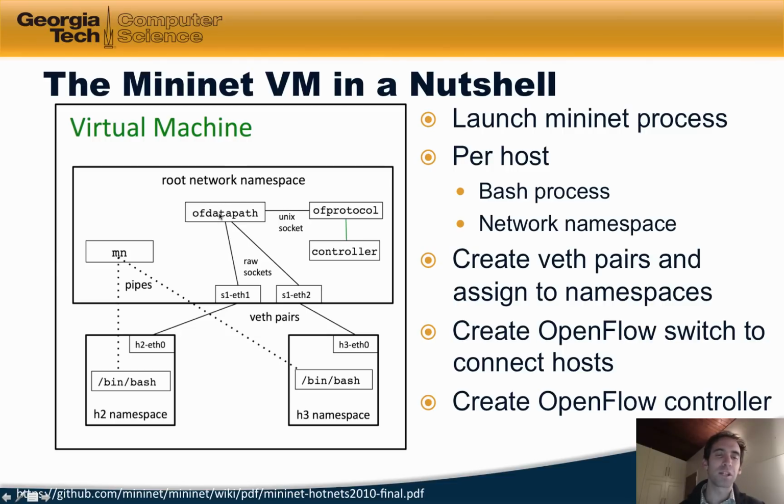And those entries that sit in this switch here ultimately allow packets to travel between each of these hosts in the virtual network. And finally, this entire setup is contained within a single virtual machine. So all of this is basically running in a virtual machine on your PC.